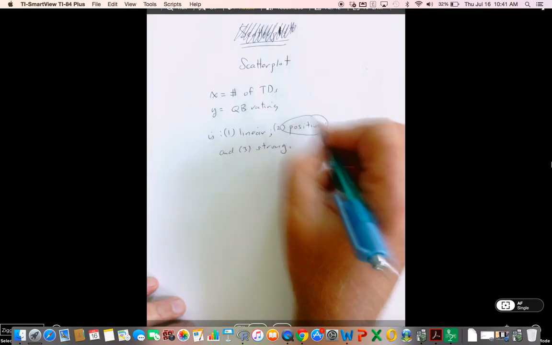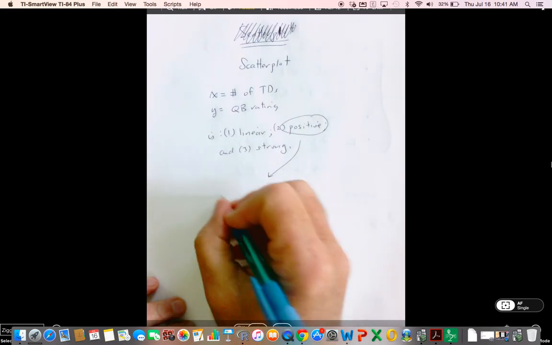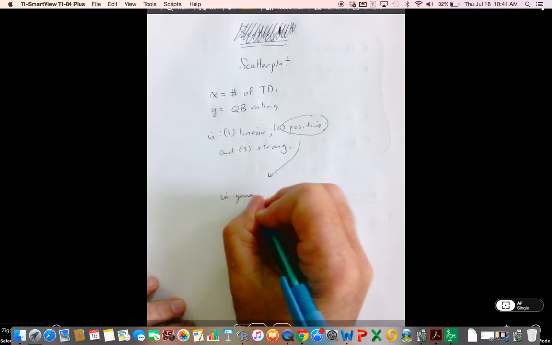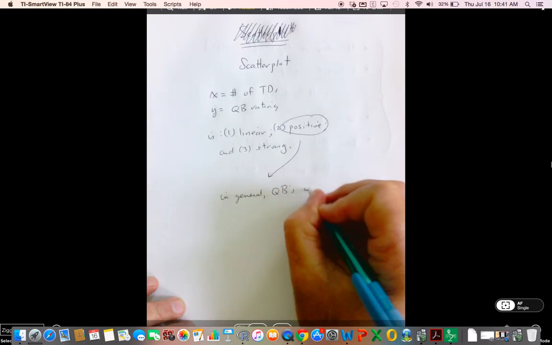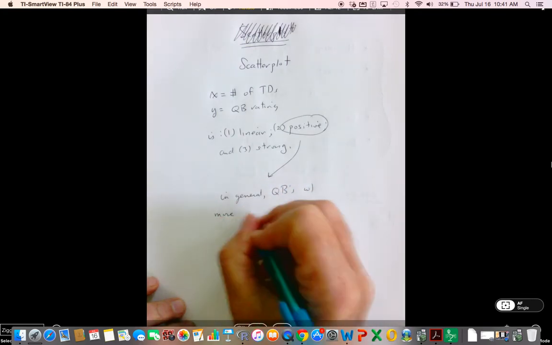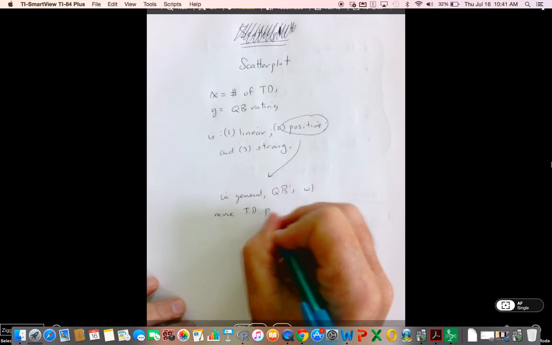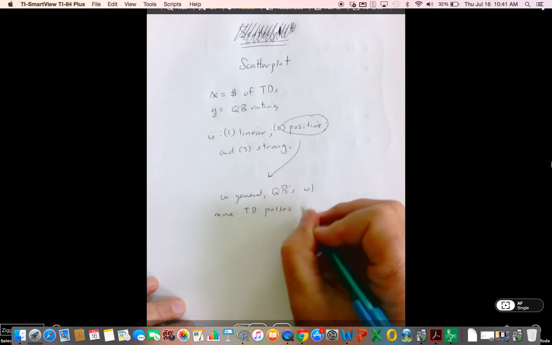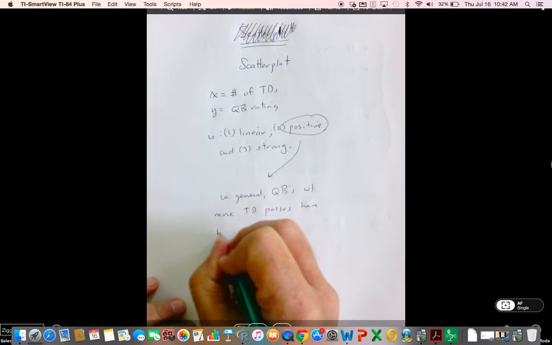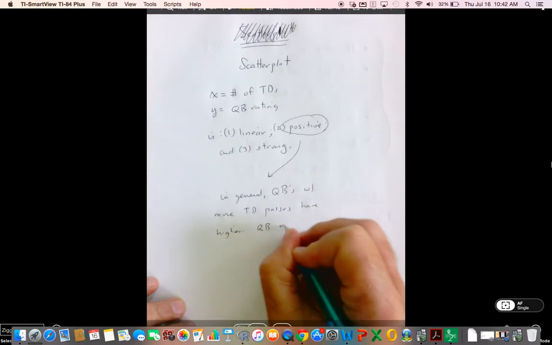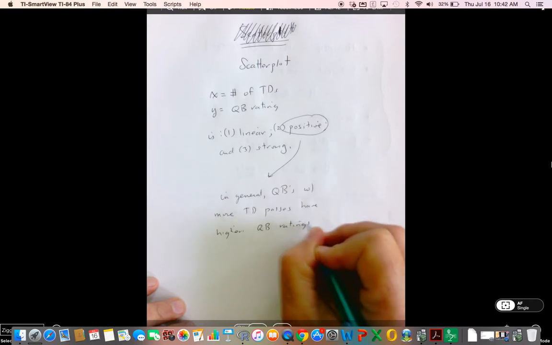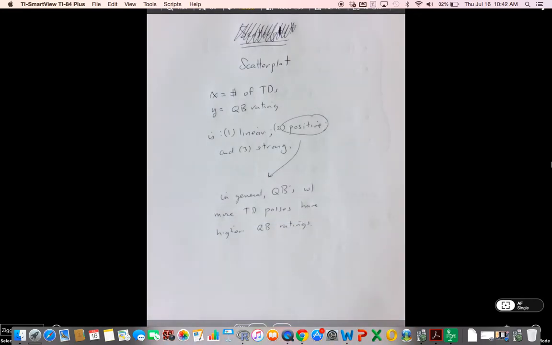The positive part just tells us, in general, QBs with more touchdown passes have higher QB ratings. So there's a relationship between the number of touchdowns and the quarterback rating.